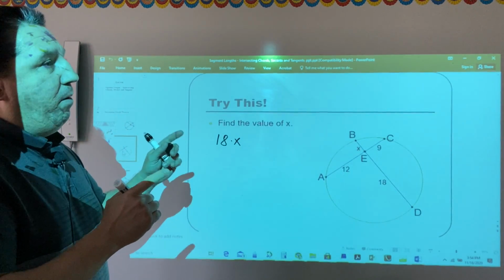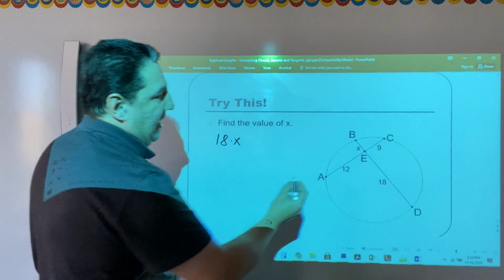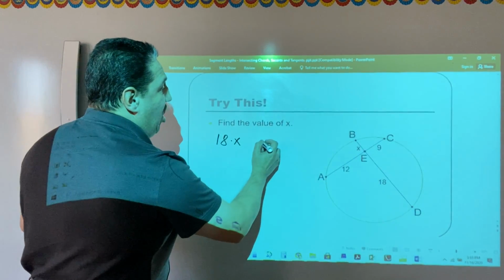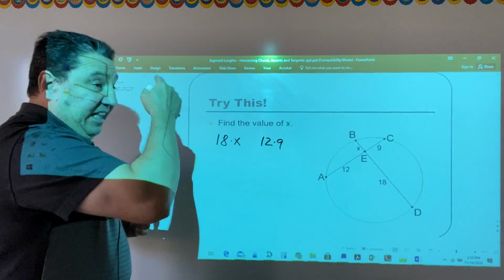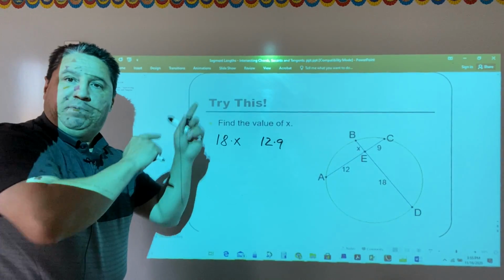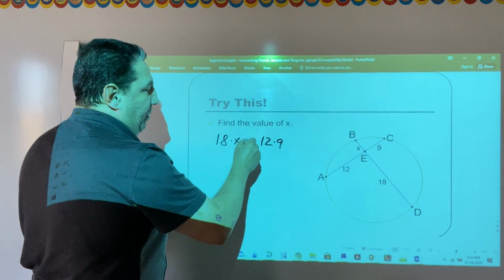The resulting parts of the other chord are 12 and 9. Again, we multiply them. Now, that theorem states these 2 products are equal.